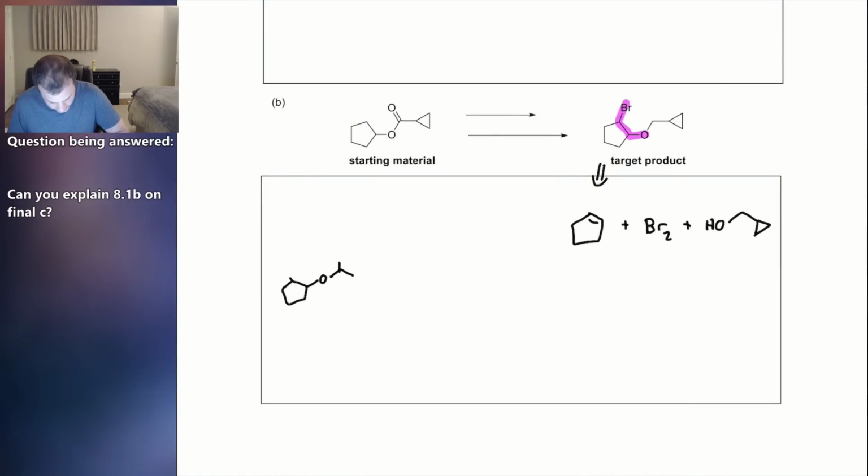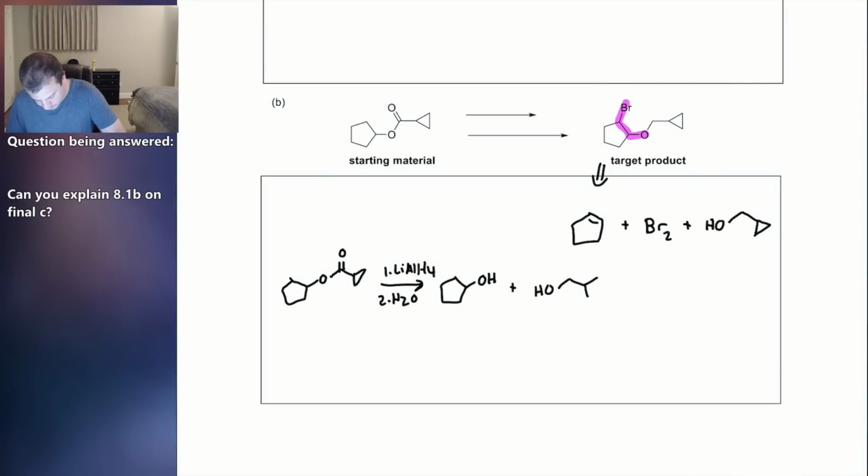So all you have to do is treat this with step 1, LiAlH4, step 2, H2O. That'll give you the 2 alcohols. Now this one here we're going to use later, but for this alcohol, we want to turn that into the alkene.